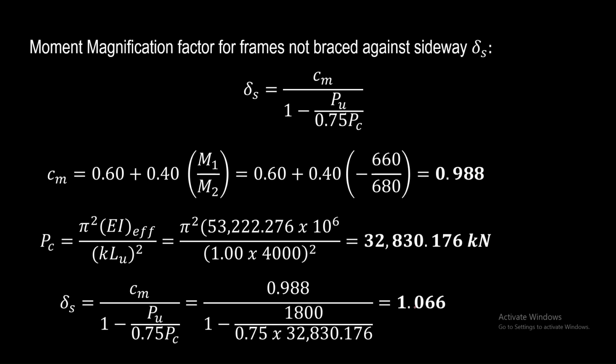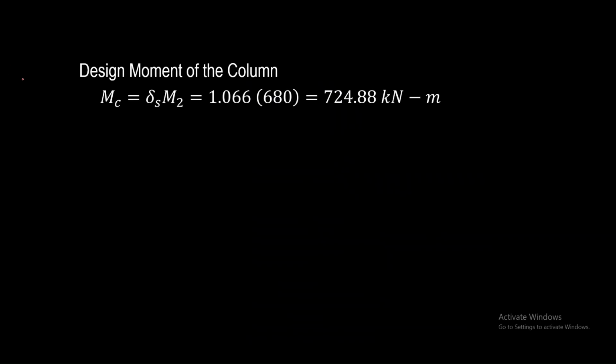This is the multiplier factor for the moment needed for the design of the column. The design moment of the column, or the Mc, is the moment magnification factor multiplied by the larger moment. 1.066 times 680, we have 724.88 kilonewton meters. So this moment will be used for the design of the column.